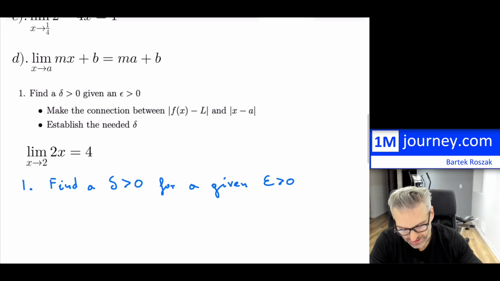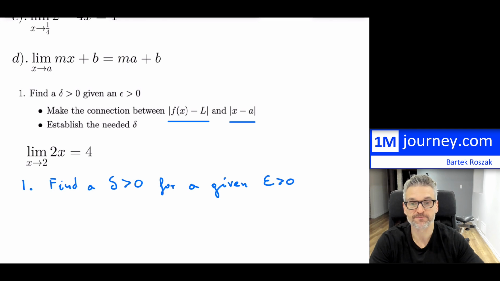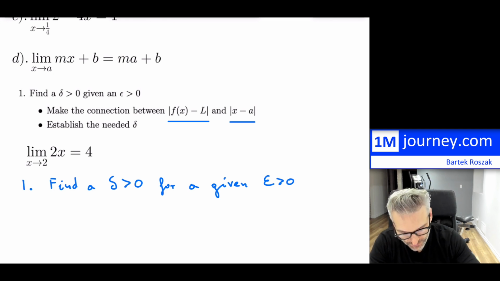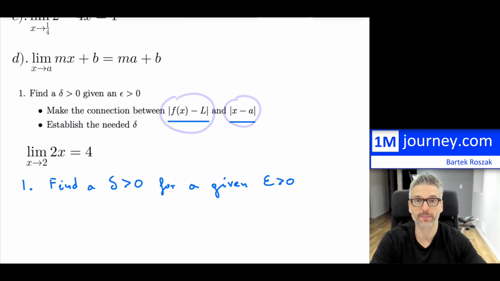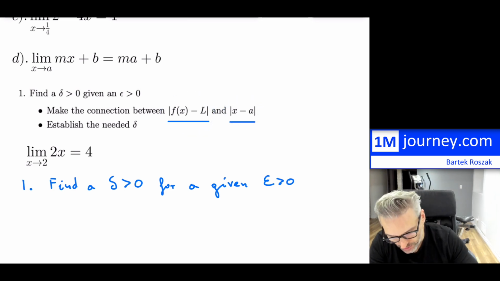Now we want to make the connection between these two. We want to connect these two things. This is, of course, related to the delta, and this is, of course, related to the epsilon. So how are we going to do that? Well, for the given limit, notice that if I rewrite these, I'm going to have x minus a, and a really is 2 because x is approaching 2.